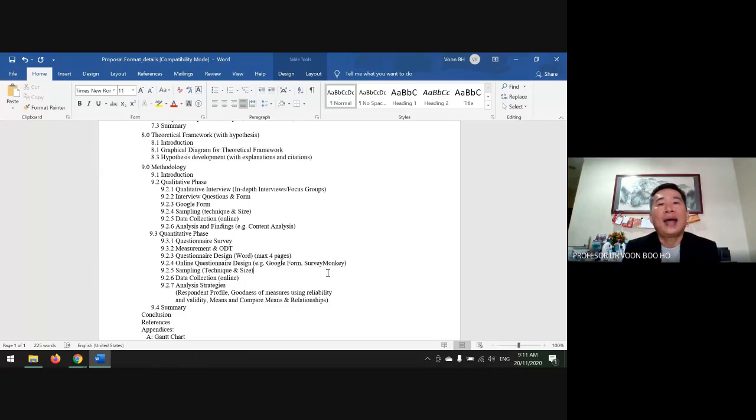After that, you will do the relationship analysis. You would like to investigate the relationship among the dimensions, the relationship between the independent variable and the dependent variable. You analyze the role of the moderating variable, how this moderating variable is affecting the relationship between the independent and the dependent variable.